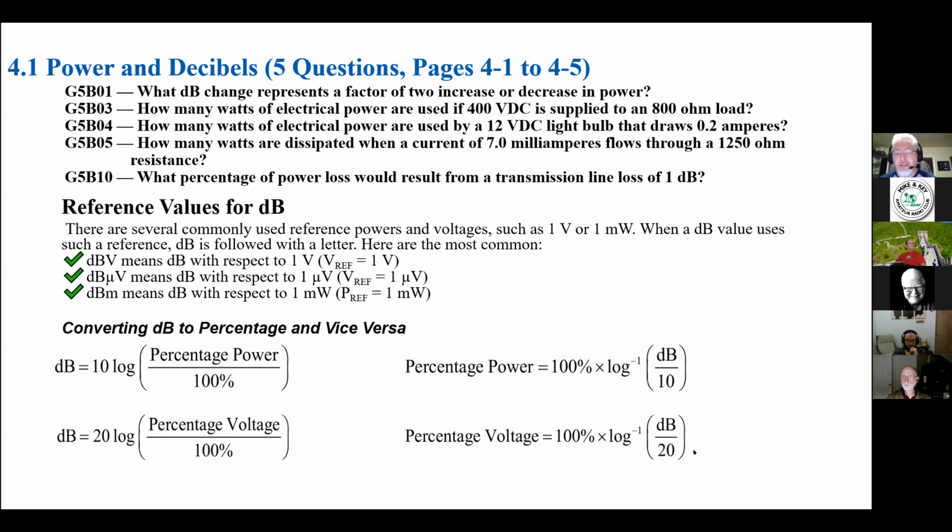And for voltage, it's dB equals 20 log of the percentage of voltage over 100. For percentage of voltage, we have 100% times the log of the dB divided by 20.